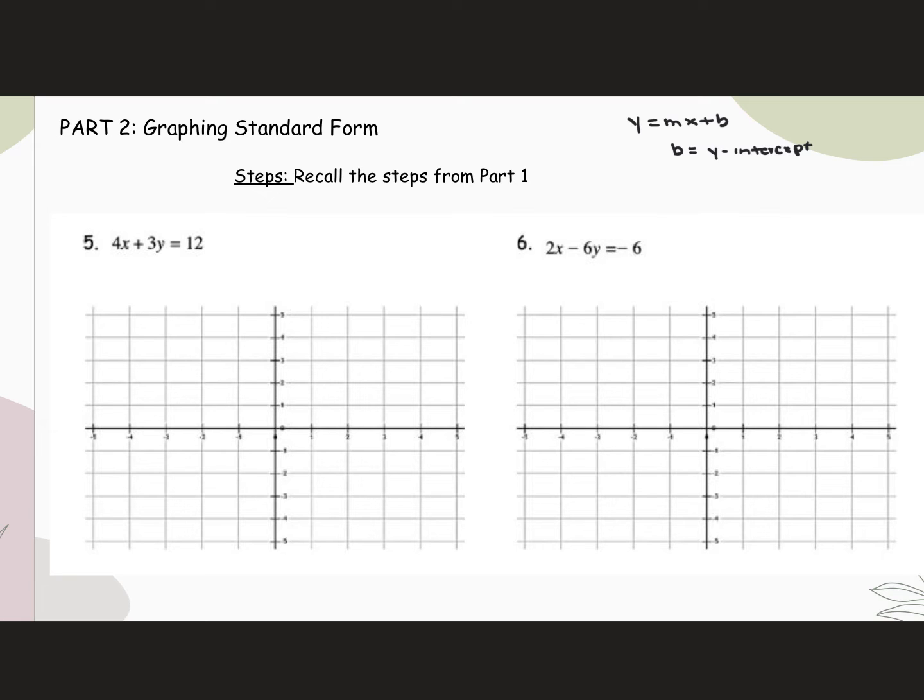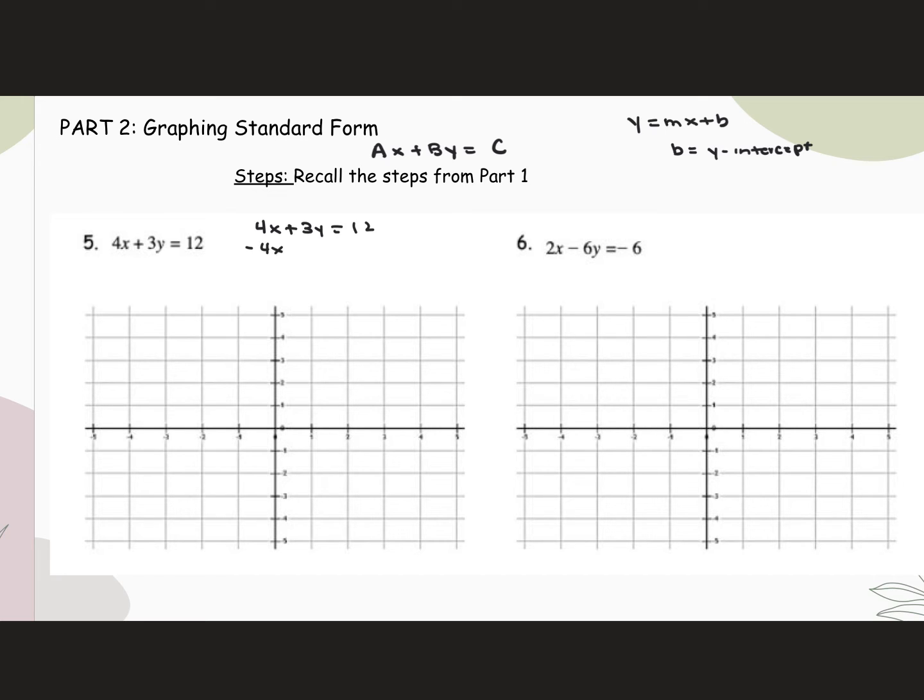So looking here at number 5, I have 4x plus 3y is equal to 12. Here I can see that my equation is not in slope-intercept form. It is in standard form. Recall standard form is ax plus by equals c. The first thing I'm going to do is solve for y.